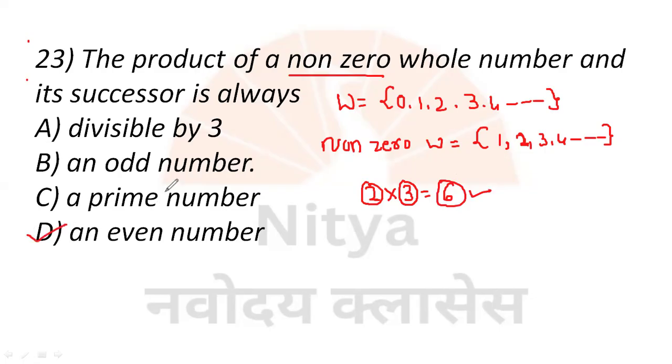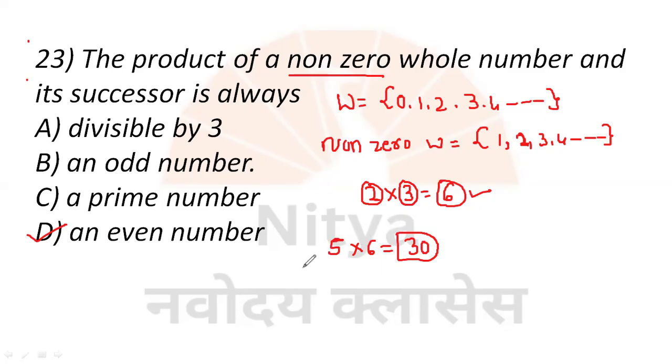It means the product of a non-zero whole number and its successor will always be an even number. You can take another number also. If you take a 5, this is also a whole number, and its next number, the successor, is 6. So when we multiply this, 6 5 is 30. So see, again, this is the even number. It means when we multiply the non-zero whole number and its successor, it will always be an even number.